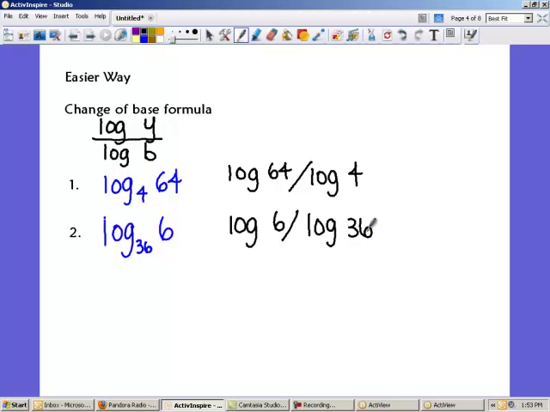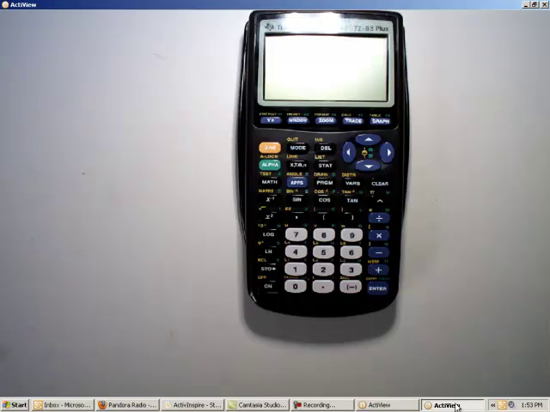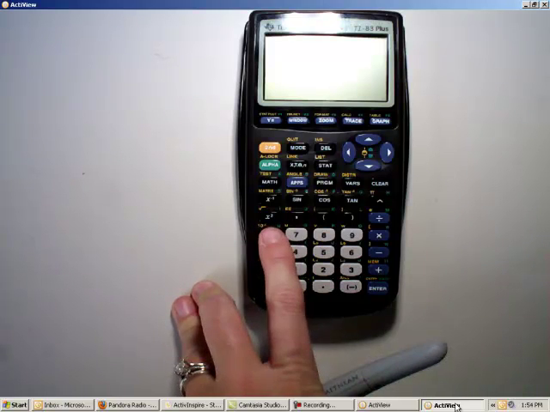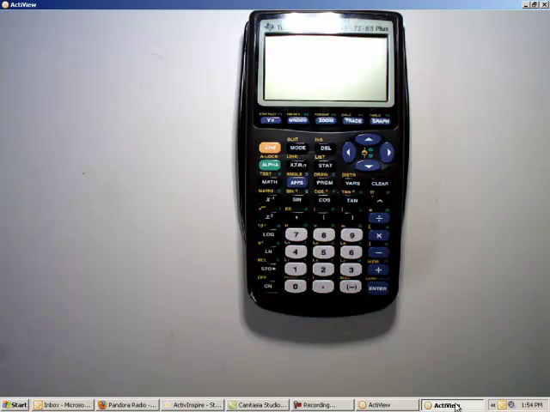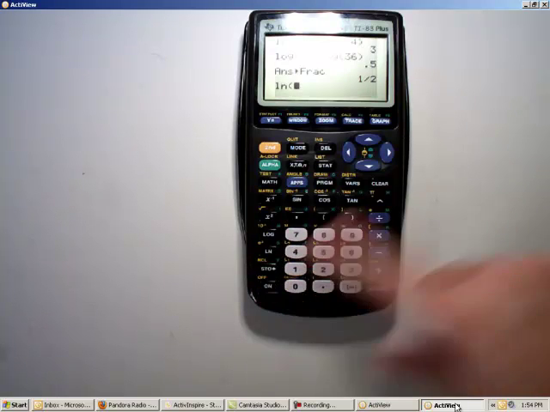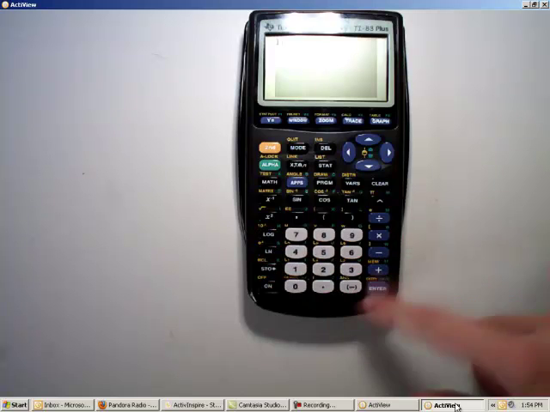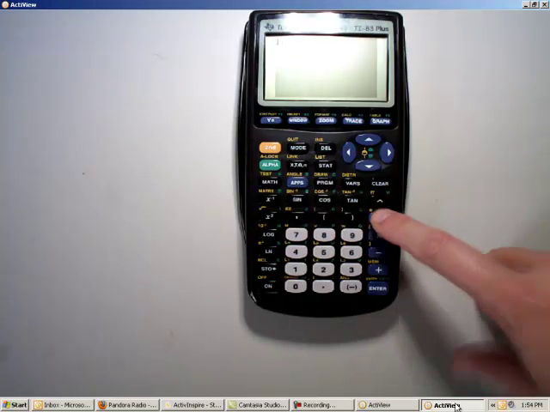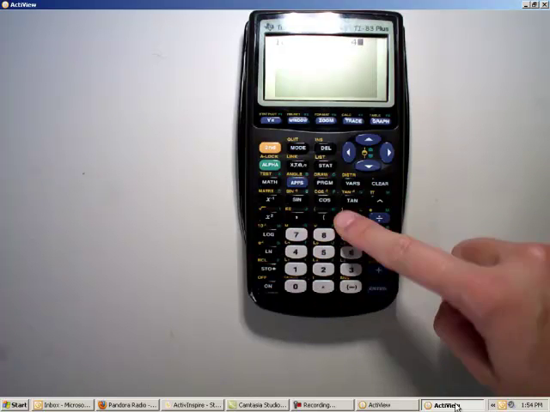Now if you go to your calculator, the log button is located right by the 7 here. So we're going to do the first one, log of 64, and you want to end your parenthesis, divided by the log of 4.